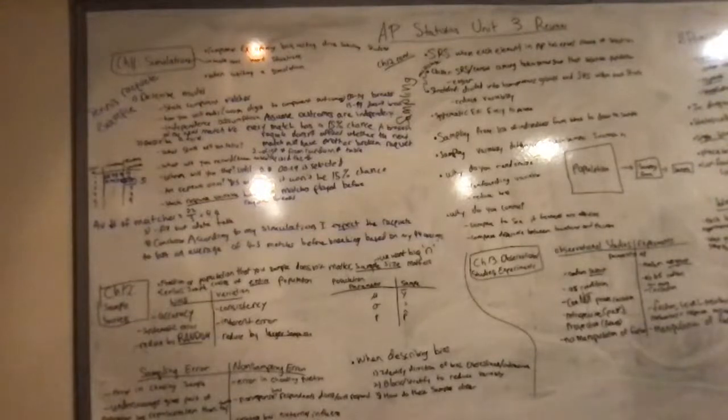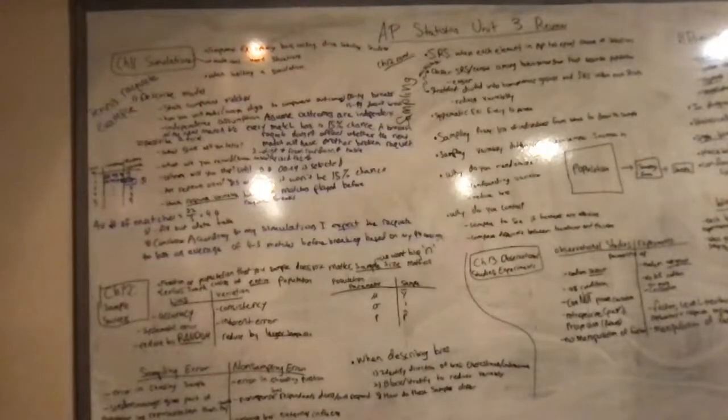The benefit of cluster is it's usually easier because you're just taking a whole group that is heterogeneous. And the stratified benefit is it reduces variability. Okay, and systematic is in examples like choosing every 10th person in a line or in some sort of list.